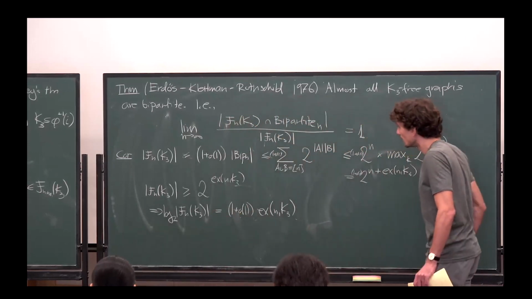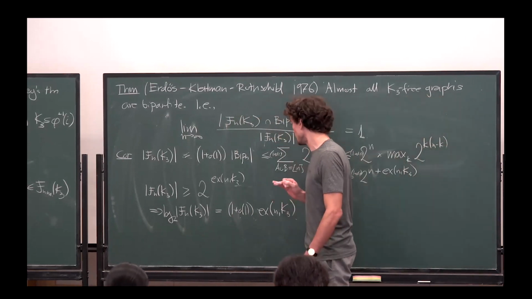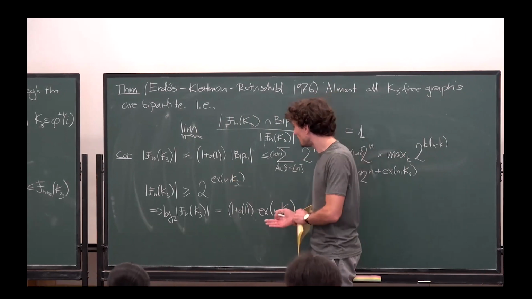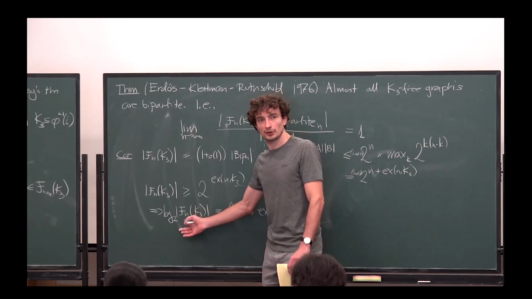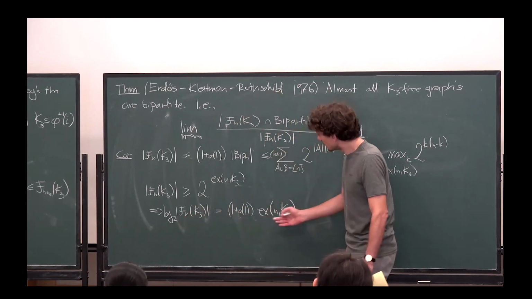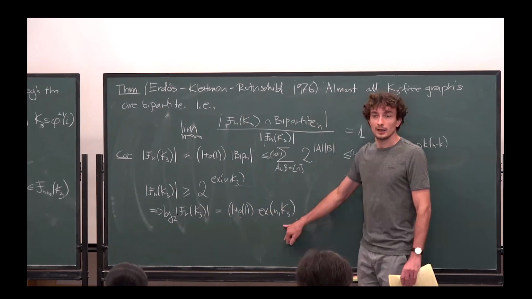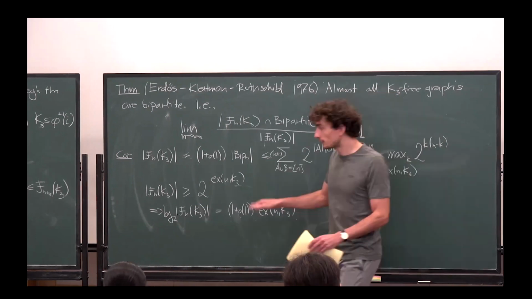And we will see that it's a more general phenomenon in many of these questions. It turns out that the logarithm of the number of structures is intimately related to the largest size of a structure. So the logarithm of the number of triangle-free graphs is intimately related to the largest size of a triangle-free graph. And this is a more general phenomenon.